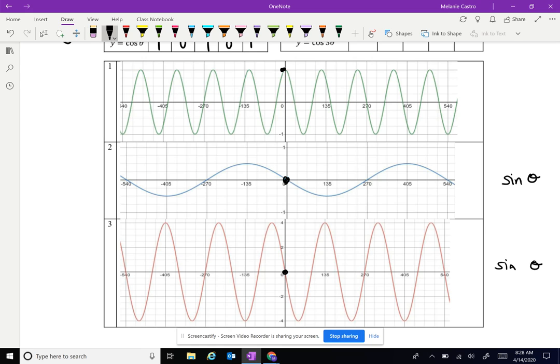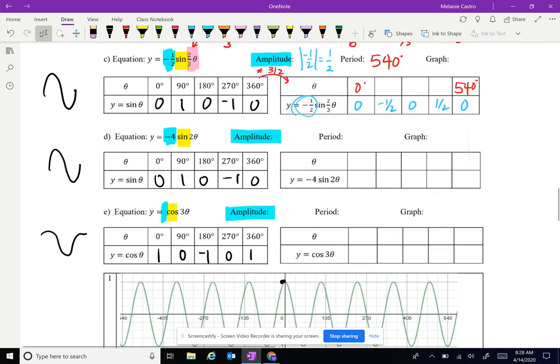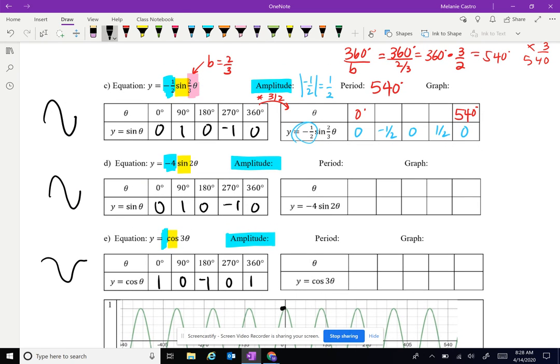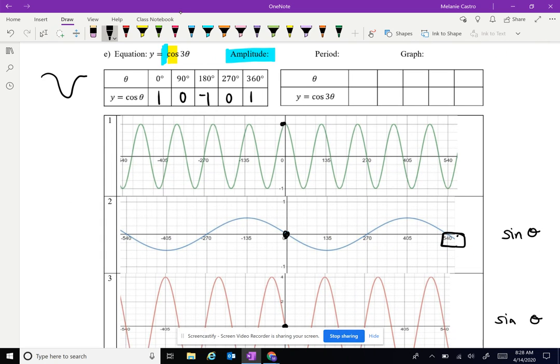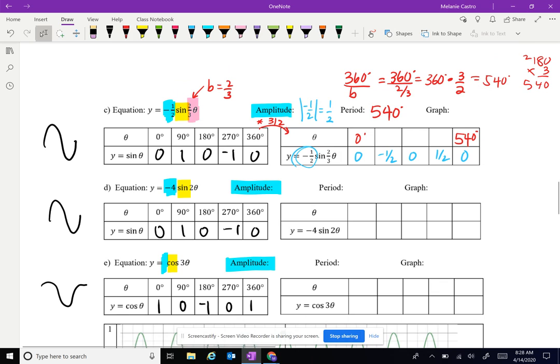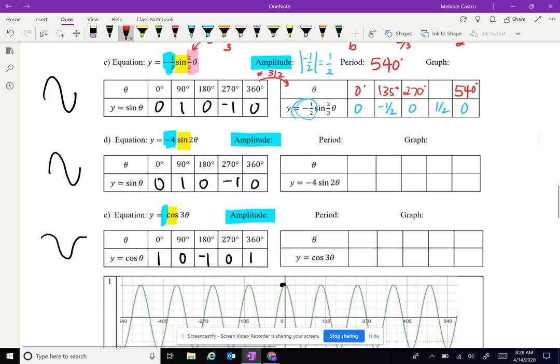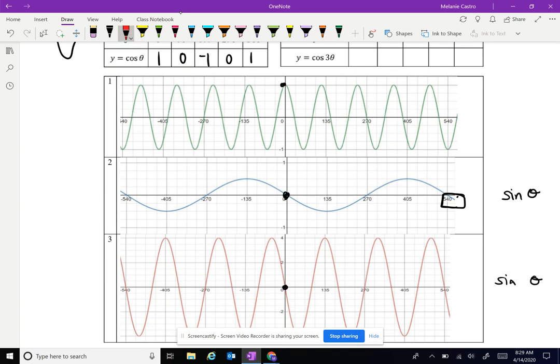And if we look at the entire period of the function, this has one full rotation after 540 degrees. If I'd completed that table and multiplied each one of these by 3/2, 90 times 3/2 would have been 135. 180 times 3/2 would have been 270. 270 times 3/2 would have been 405.